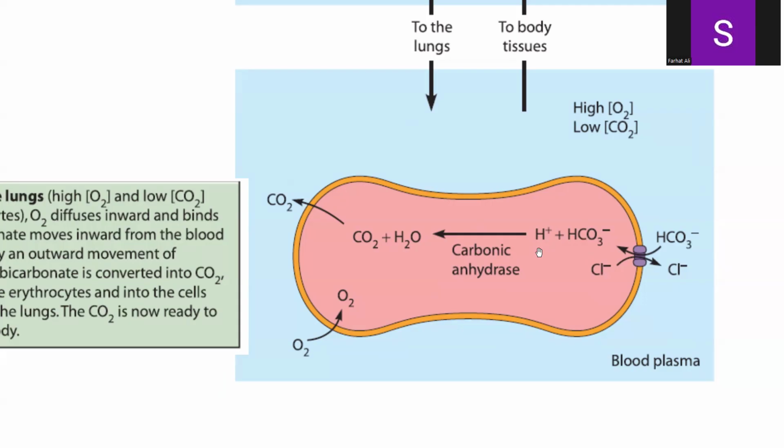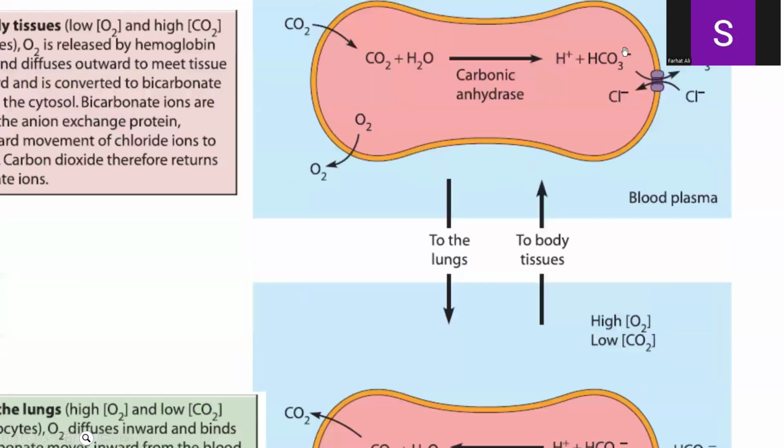It's like 7.2 to 7.4-ish, about that range. So the major substance which is important for regulating the pH of blood is the bicarbonate buffering system. And red blood cells have this enzyme, carbonic anhydrase, which is important for regulating the conversion of bicarbonate to carbon dioxide, or vice versa, carbon dioxide to bicarbonate.